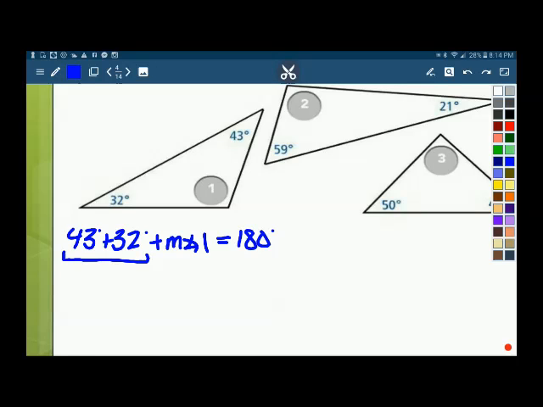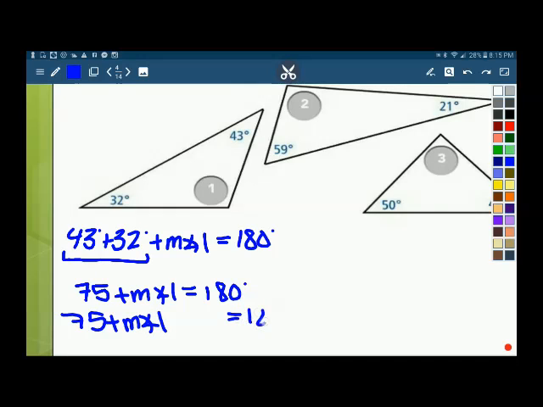So now I can combine my like terms. Remember, like terms are numbers with the same variable attached to them, or if there are no variables, those are like terms to each other. So I cannot combine the 43 and the 32 with the measure of angle 1, but I can combine 43 and 32 together to make 75. So 75 plus the measure of angle 1 is equal to 180 degrees. In order to now solve for the measure of angle 1, we need to get rid of what's being added to it, which is 75.